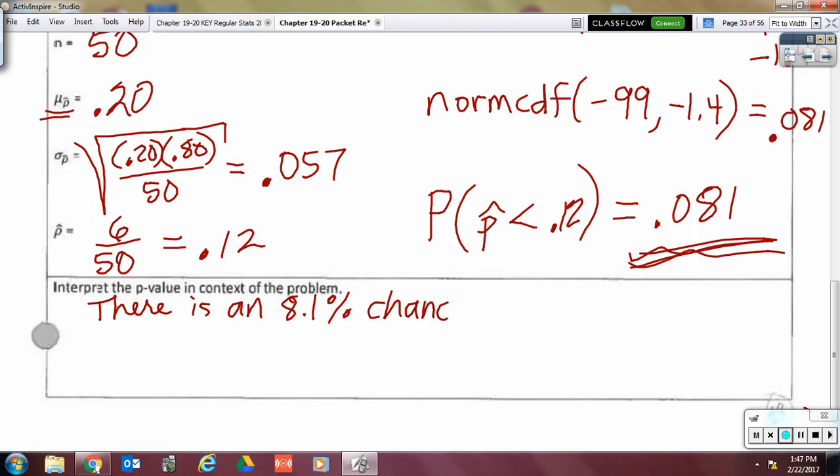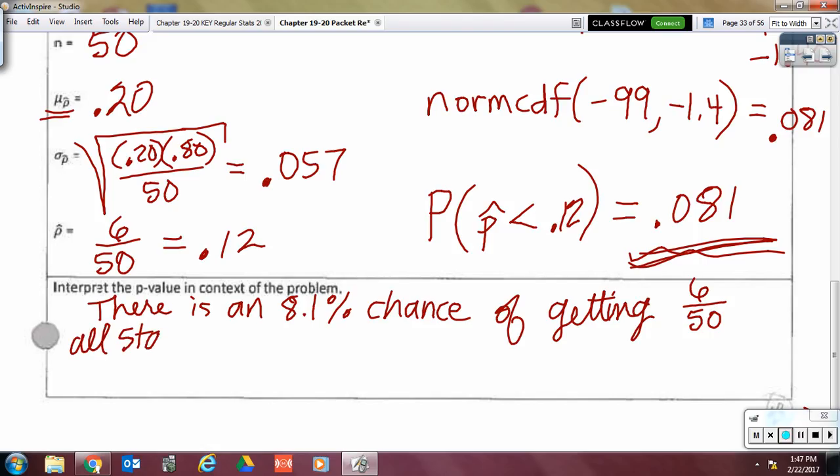That's the probability of getting this sample. What's the sample? What's our sample results? 6 out of 50 all-star players in a deck. All-star players, yes, thank you, in a package.